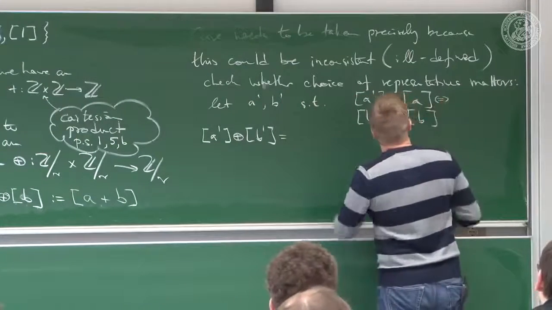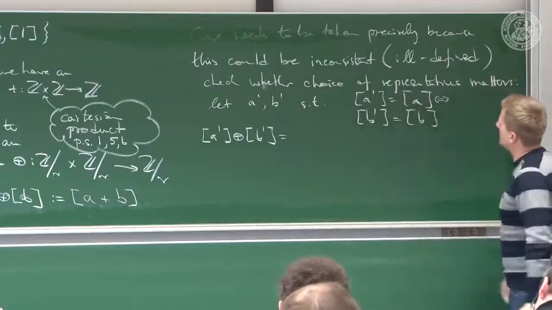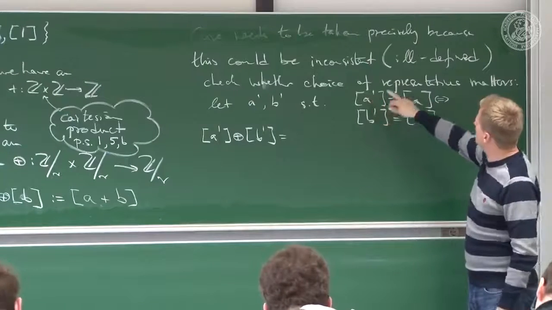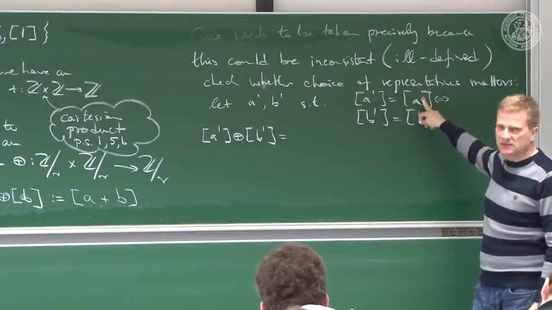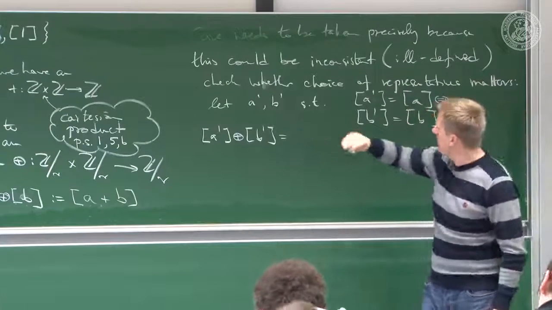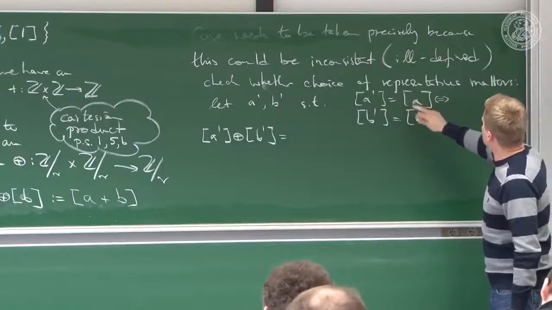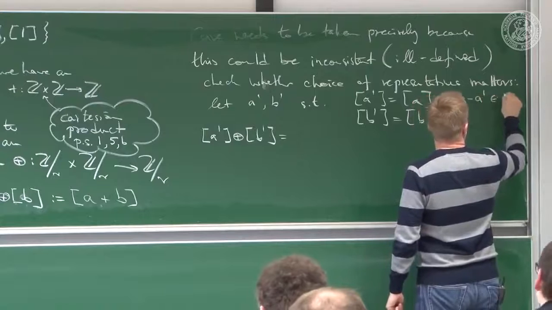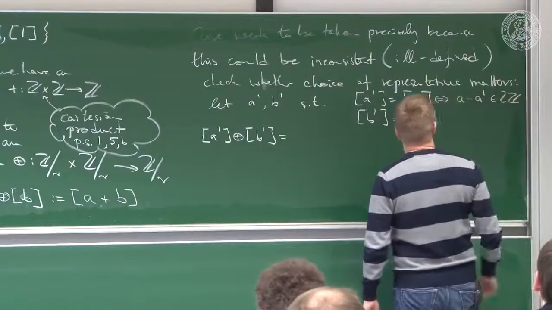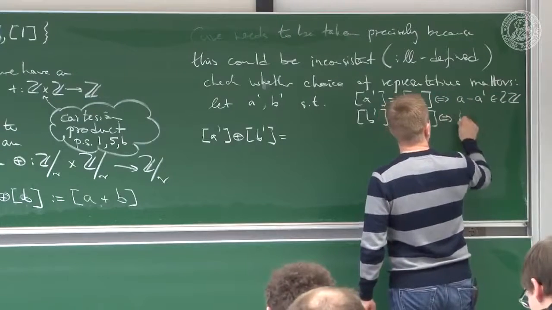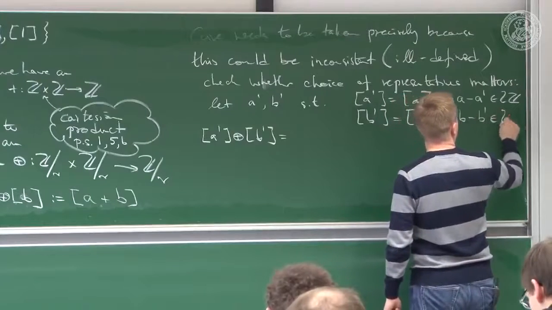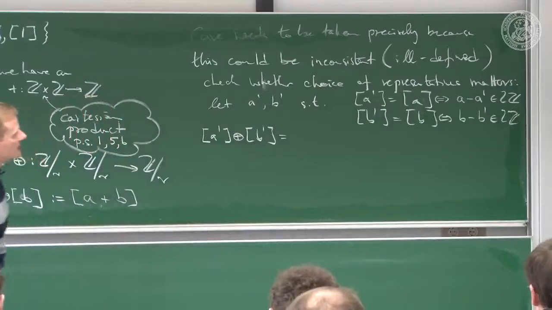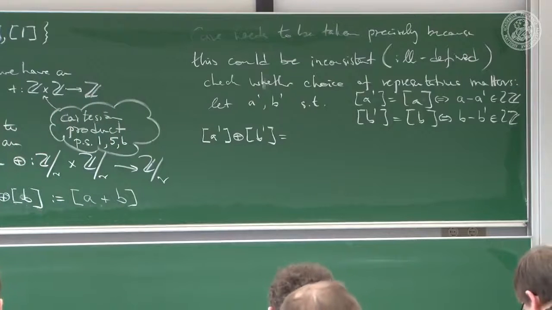If A prime represents the same class as A, that means certainly A prime needs to lie in this class because of property 1 we had before. And then that means that the difference between A and A prime must be in 2Z. And it's the same here. So if B prime is supposed to represent the same class, then B minus B prime also lies in 2Z.